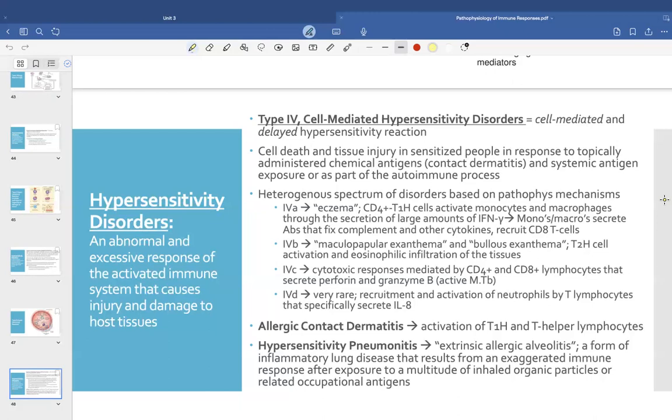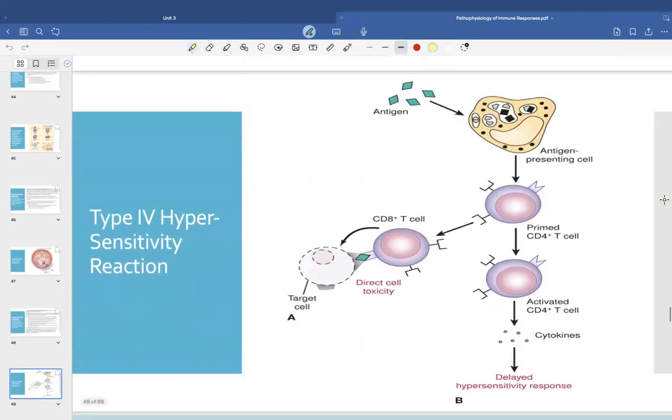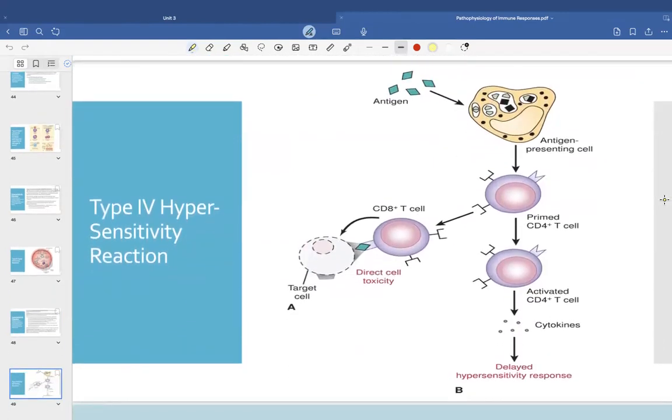This is due to people who are in an environment, especially farmers, who are constantly inhaling dust and pesticides and stuff like that, and those organic particles becoming antigens. So in your type 4, you have your antigen and your antigen presenting cell, and they can destroy the cells directly, or they can release various cytokines, and that can cause a lot of damage to the tissues around it.